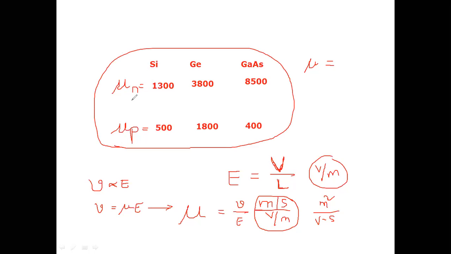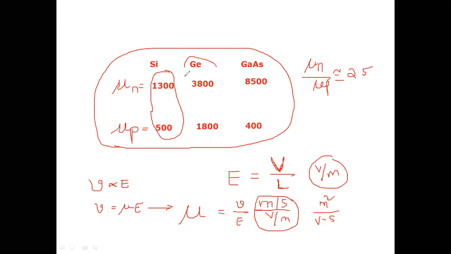If you take the ratio of the mobility of electrons to holes, mu n by mu p, for silicon it is nearly equal to 2.5.